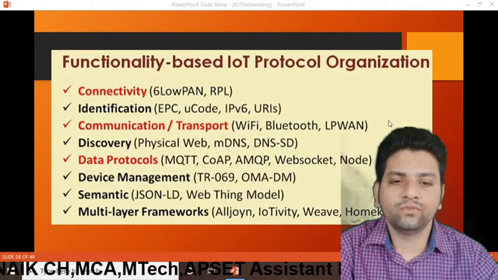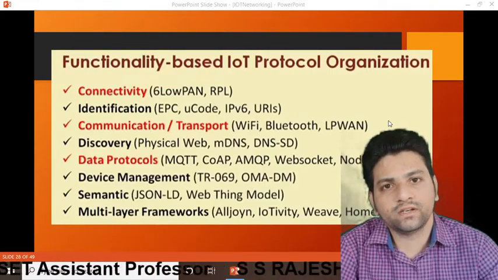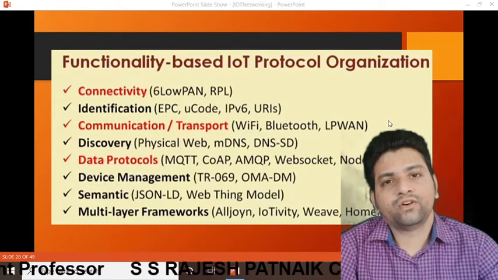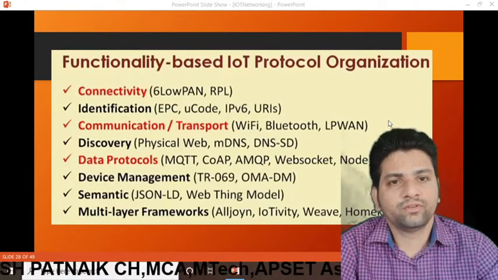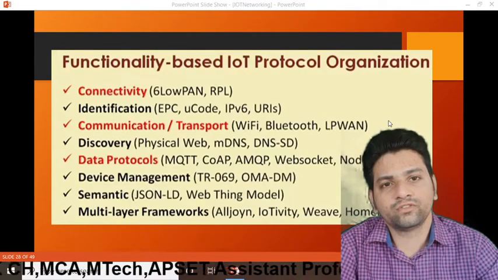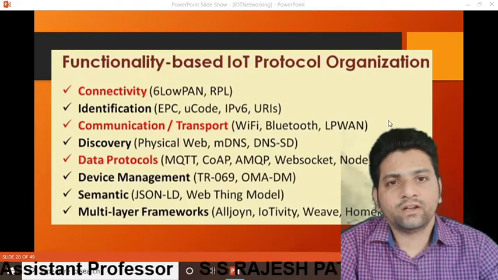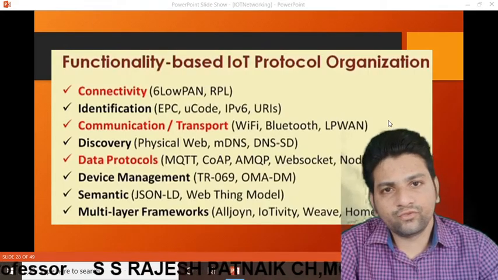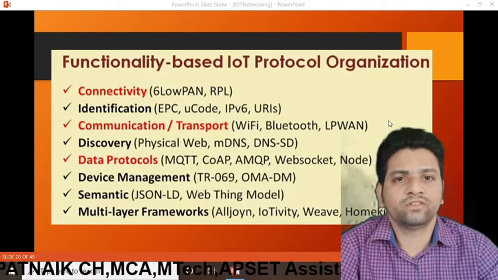Here we have various types of protocols in the Internet of Things, for smart systems. If you want to create smart systems, that means IoT systems, there are lots of different types of protocols used.